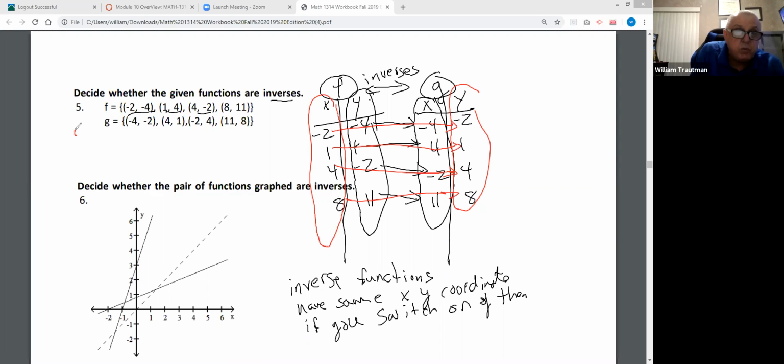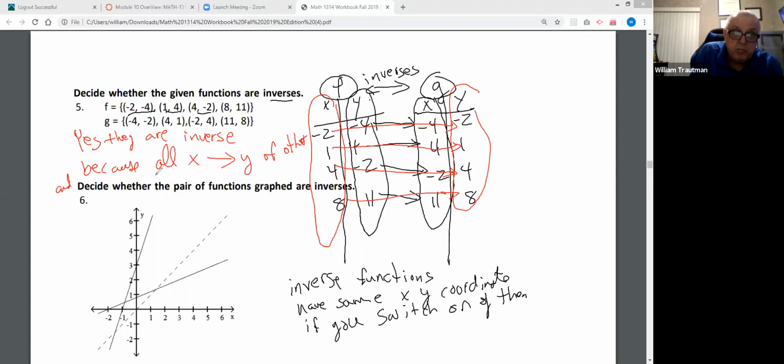So decide whether the given functions are inverses. Yes, they are inverses because all x of one function equal the y of the other.